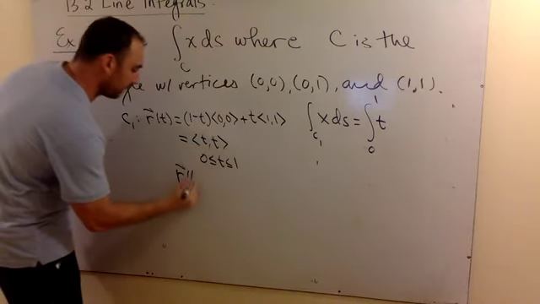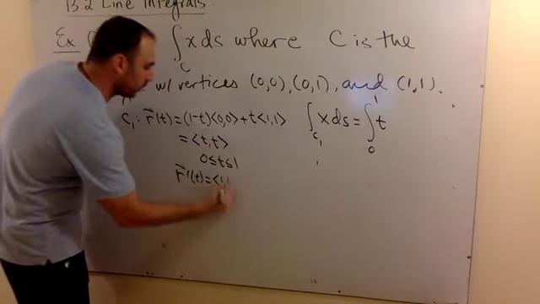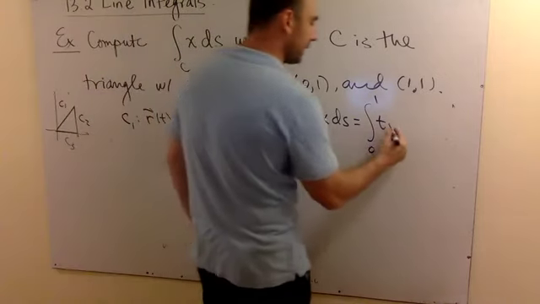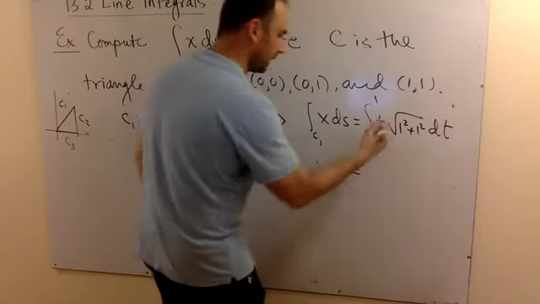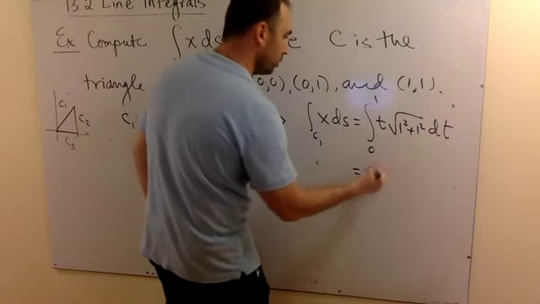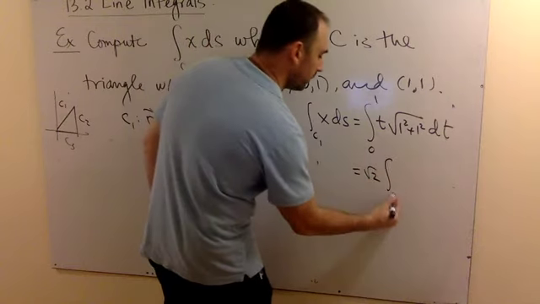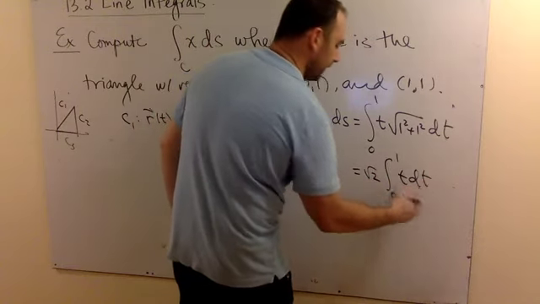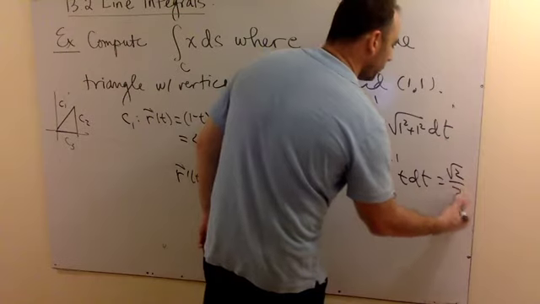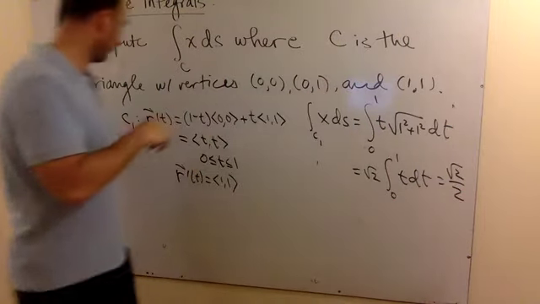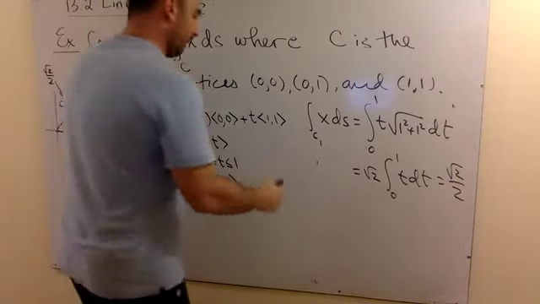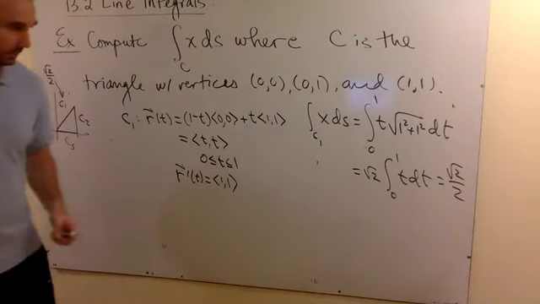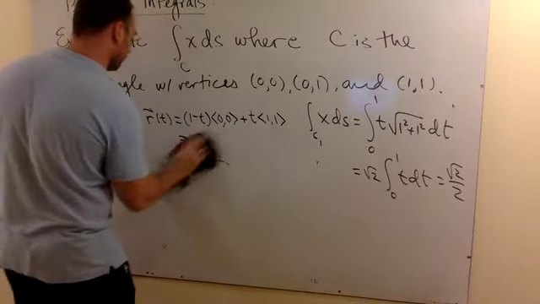Notice r prime of t is (1, 1), and I plug that in here, and so I get square root of 1 squared plus 1 squared dt, and I get square root of 2 times the integral from 0 to 1 of t dt. That's a half, so it's square root 2 over 2. Okay, so that's the first part of this. Let's actually make a little note of that here: square root 2 over 2. All right, so now, just for lack of space, I'm going to erase this and do the next one.